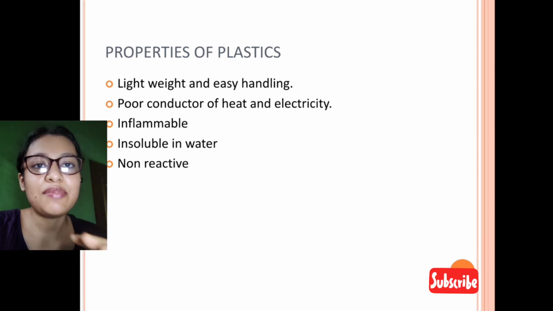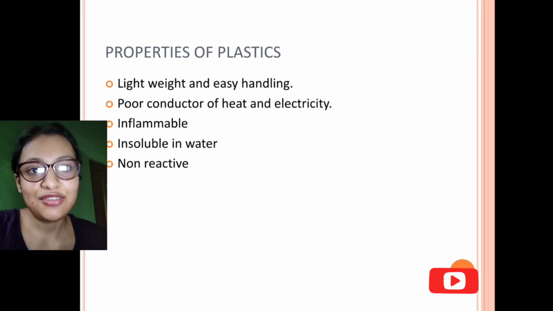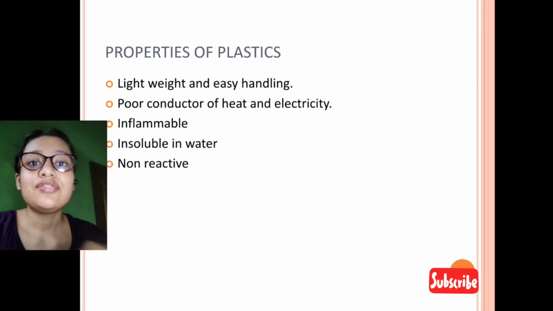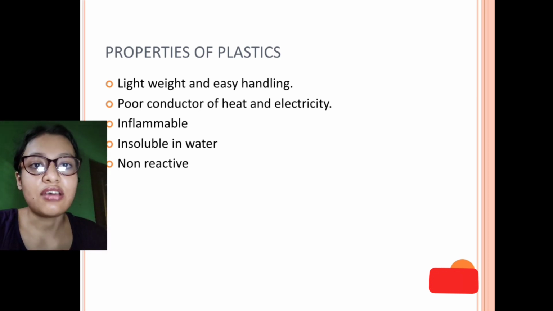Most materials made of plastic are lightweight and easily handled. It is also a very poor conductor of heat and electricity. It is inflammable, insoluble in water and non-reactive. So these are the different properties of plastics.